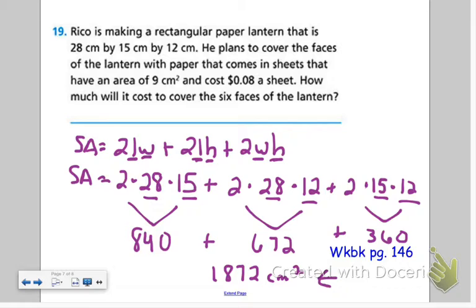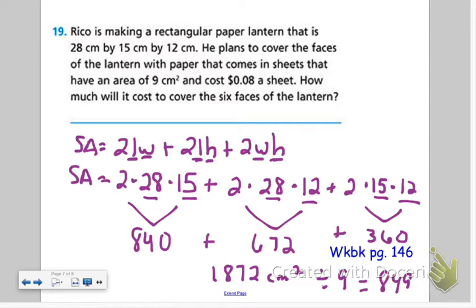I am going to take the 1,872 square centimeters and divide that by the 9 square centimeters to see how many of those 9 square centimeter sheets fit inside the 1,872. So let's do some division. Divided by 9. And when I do 1,872 divided by 9, I get 849.